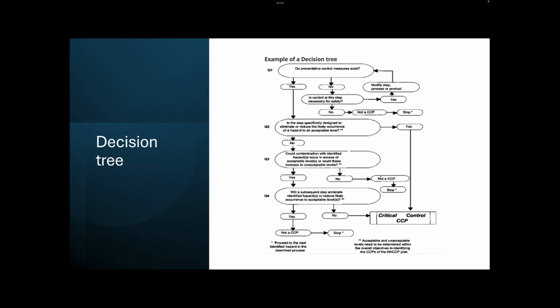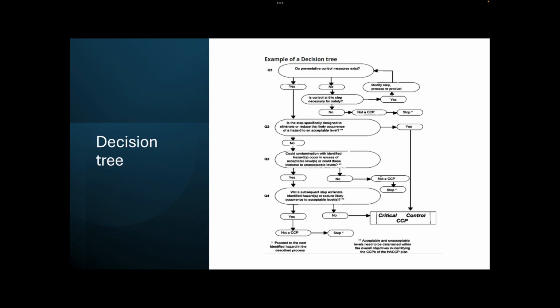If yes, then ask another question. Is the step specifically designed to eliminate or reduce the likely occurrence of a hazard to an acceptable level? So first of all, do control measures exist? For example, we are cooking the burger.